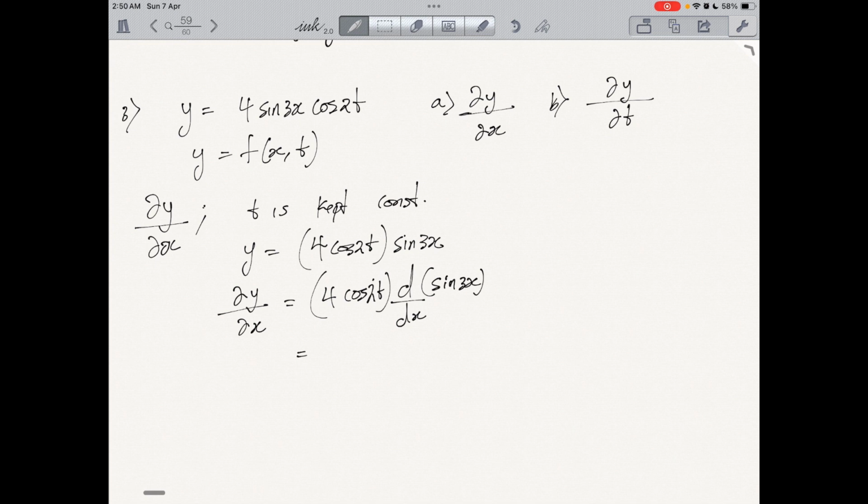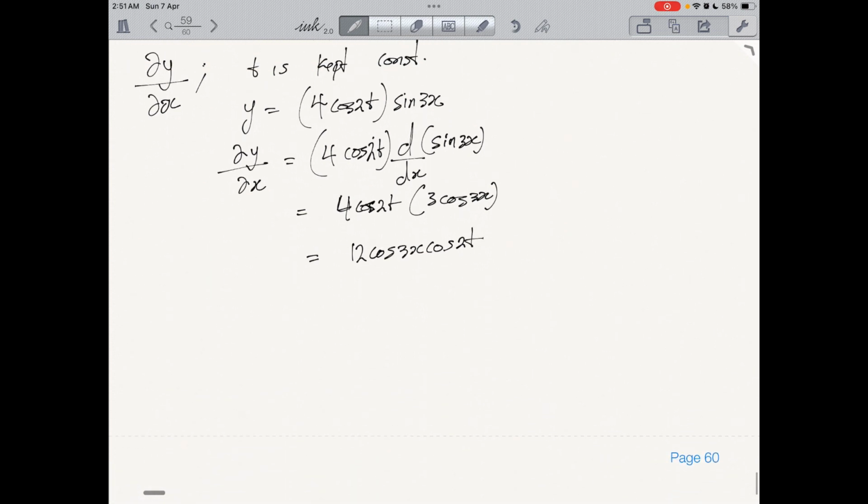So this will be 4 cos 2t, and when we differentiate sine 3x, we have 3 cos 3x. And finally, we have 12 cos 3x cos 2t.